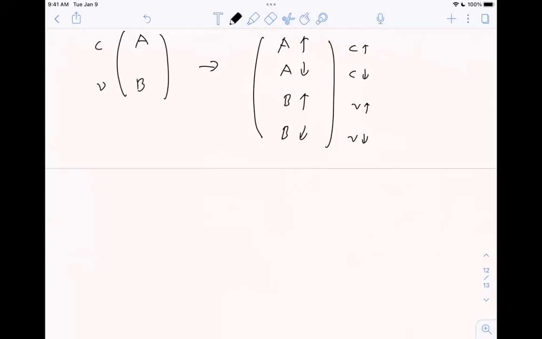So we have already learned the spin-orbit coupling, right? In an atom, the spin-orbit coupling Hamiltonian is proportional to L dot S. You can go back to review one of our previous lectures.